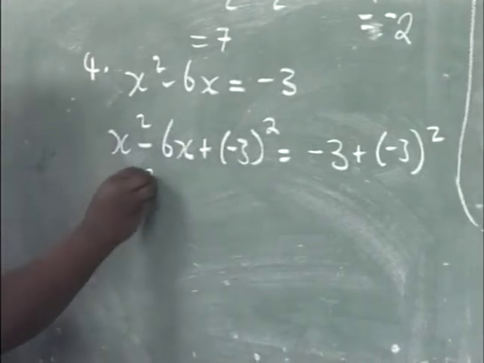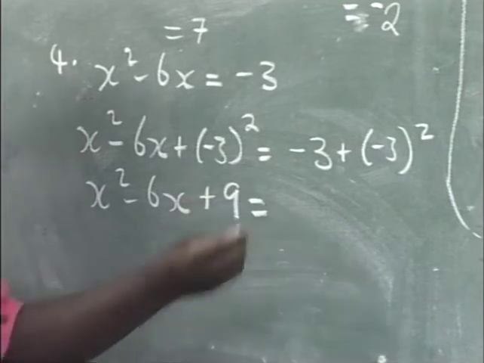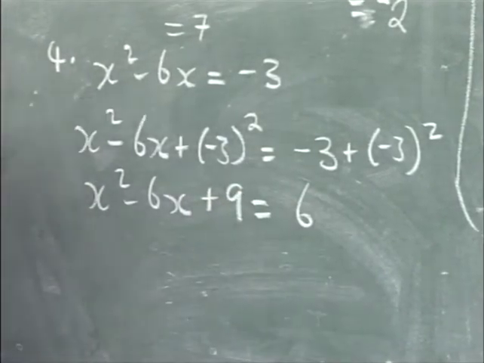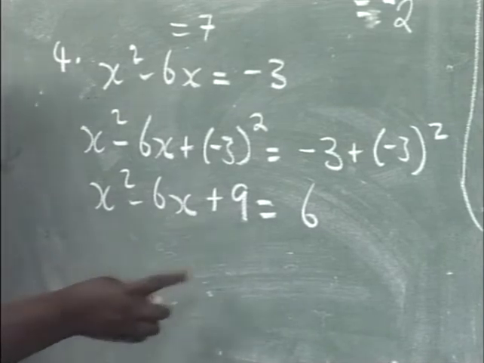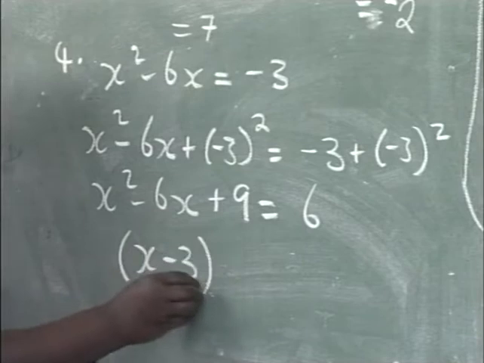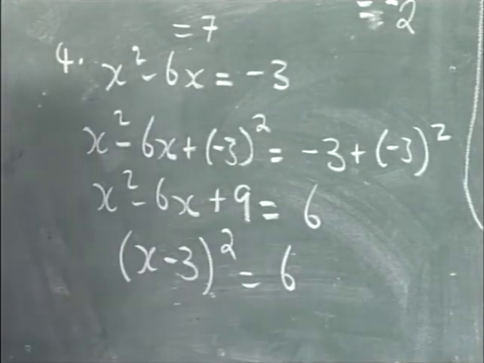And I will get x squared minus 6x plus 9 equals minus 3 plus 9 is 6. Okay, then I factorize this, which is x minus 3 squared equals 6.